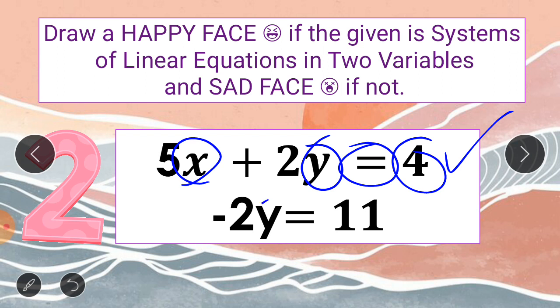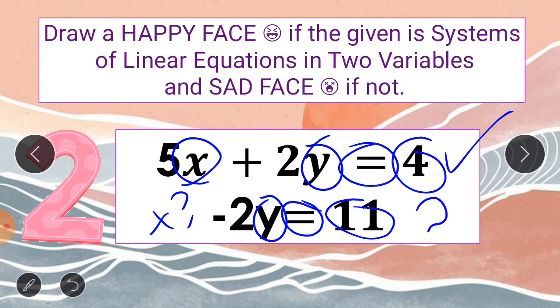But in the second equation, we have y but we don't have x. We have an equal sign and a constant, so the second equation is not a linear equation in two variables. That's why it is called two variables. The variables mentioned here are x and y.